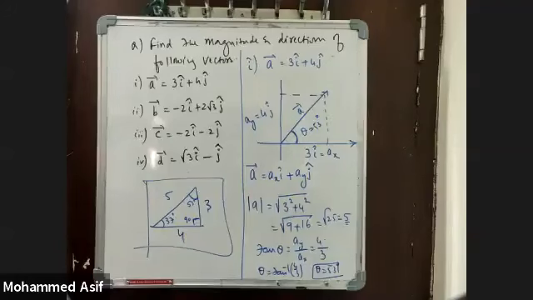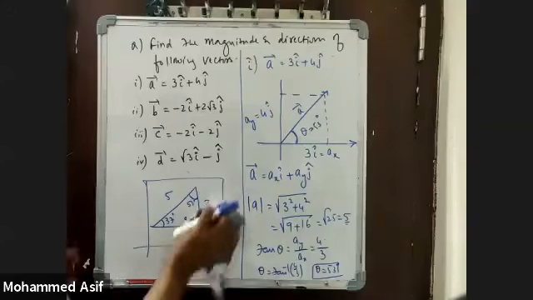Magnitude is 4 units. Very good. Angle, don't make the angle mistake, is 120. Very good. Angle is 120. Excellent.